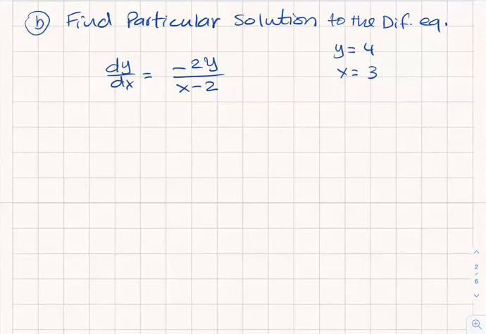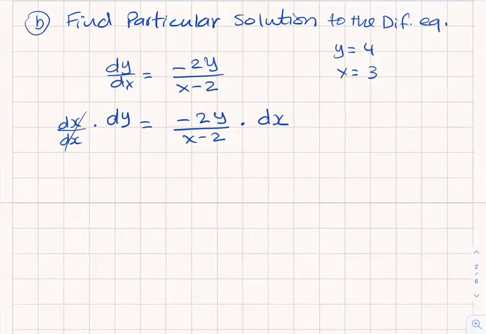So we multiply both sides by dx, then we will get dy equals minus 2y over x minus 2, this multiplied by dx here. It will be cancelled. Right, so we have dy equals minus 2y over x minus 2 multiplied by dx.